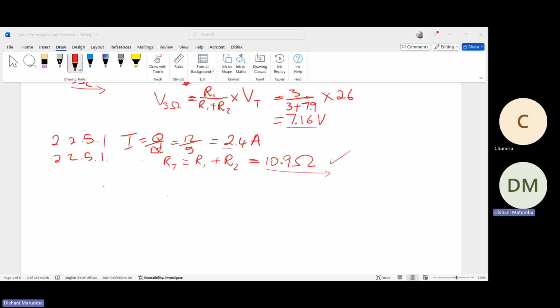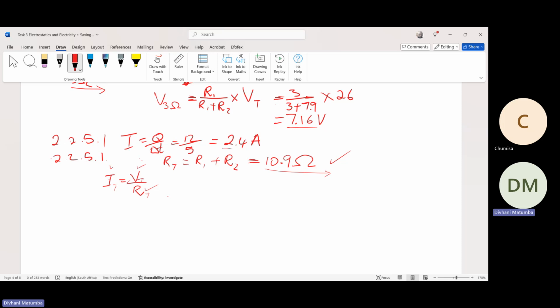So what will be the second step now? I said that everything revolves around Ohm's law. Everything in circuits revolves around Ohm's law. Do we have our total resistance? I think we do. In this case, do we have voltage?